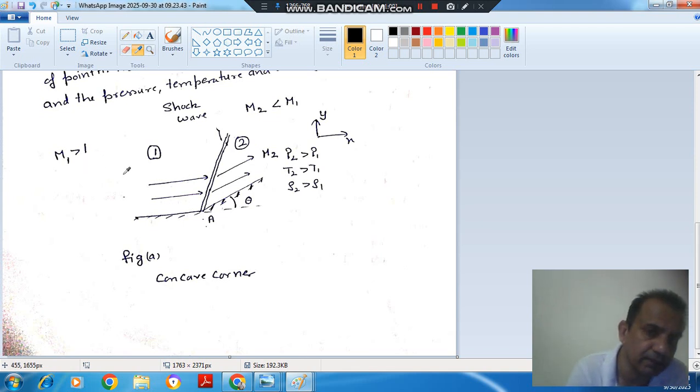So Mach number, like in a normal shock wave, decreases abruptly, pressure increases, temperature increases, density increases. But here the flow direction also changes.